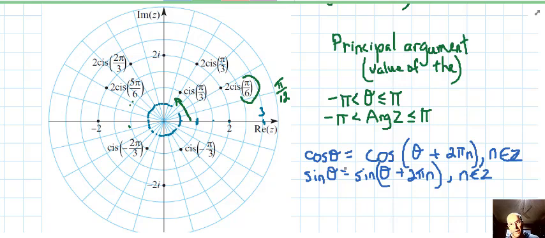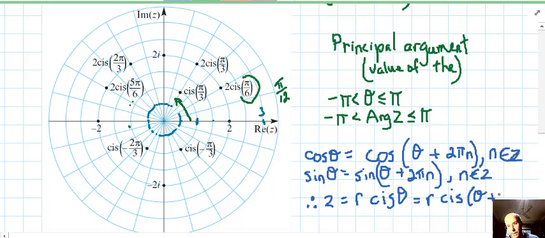When we put it together in a complex number then, so z is r cis theta, but it's also r cis theta plus 2 pi n. Okay, so it's non-unique.